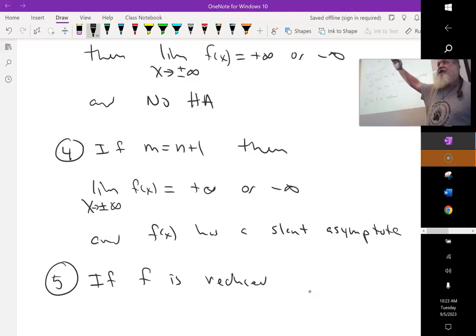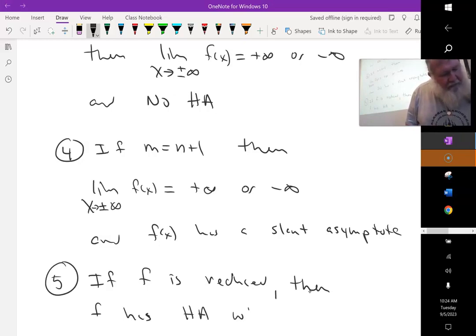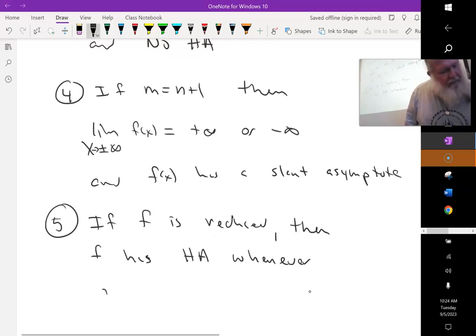No common factors in the numerator, no common factors in the denominator. Then f has vertical asymptotes whenever q of x equals 0.